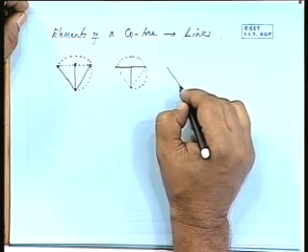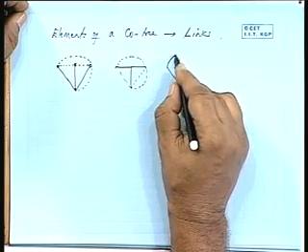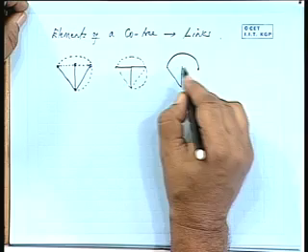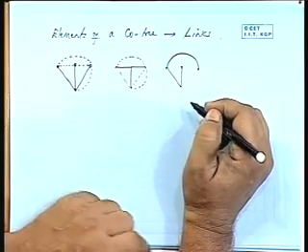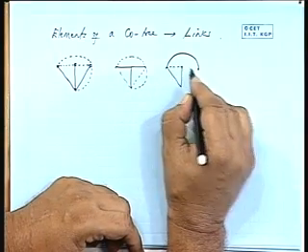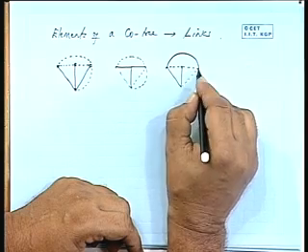If I choose this as the tree, then the co-tree will consist of these dotted lines. If I choose this as the tree, then the co-tree will be these dotted lines, and so on.